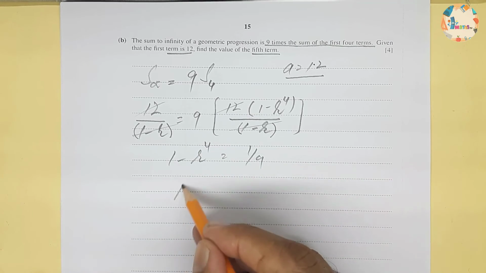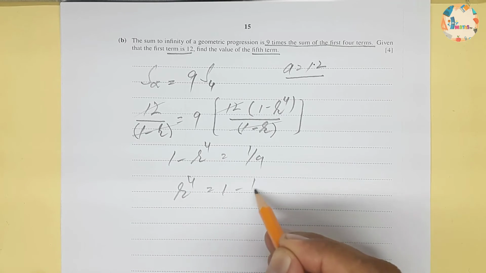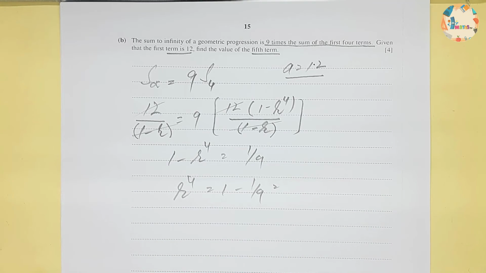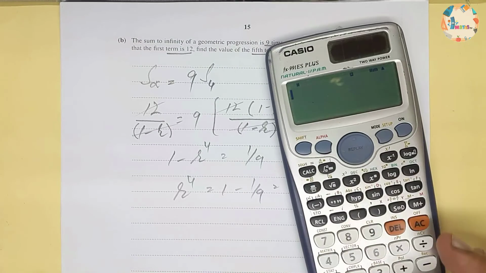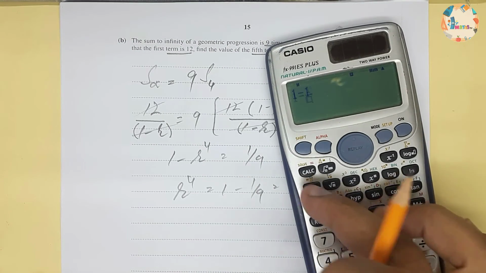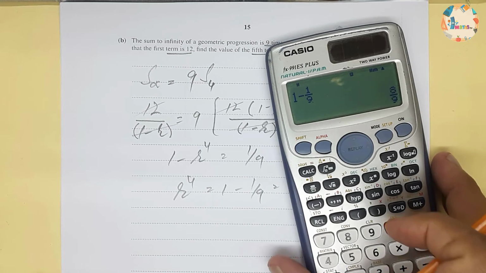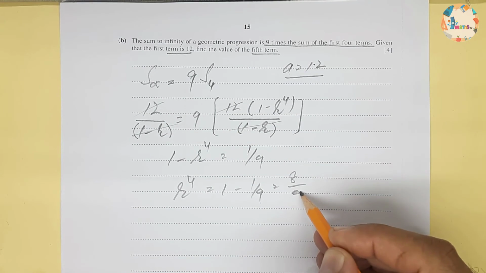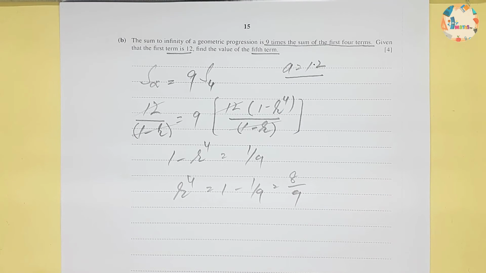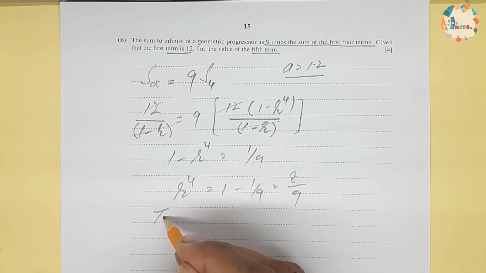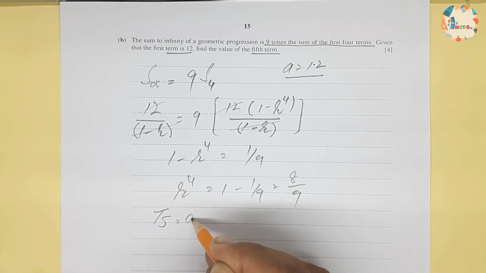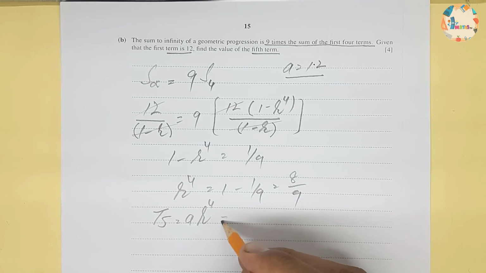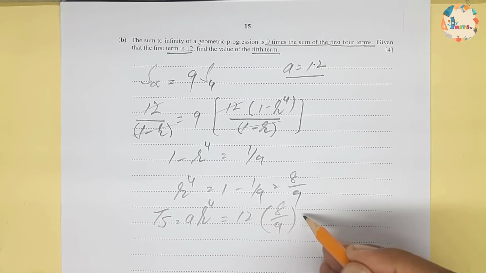So this implies r raised to 4 is equal to 1 minus 1 over 9, which is 8 over 9. Now r4 is equal to 8 over 9. Now we know T5 is equal to ar4, and a is 12 and r4 is 8 over 9, so we can replace this one.